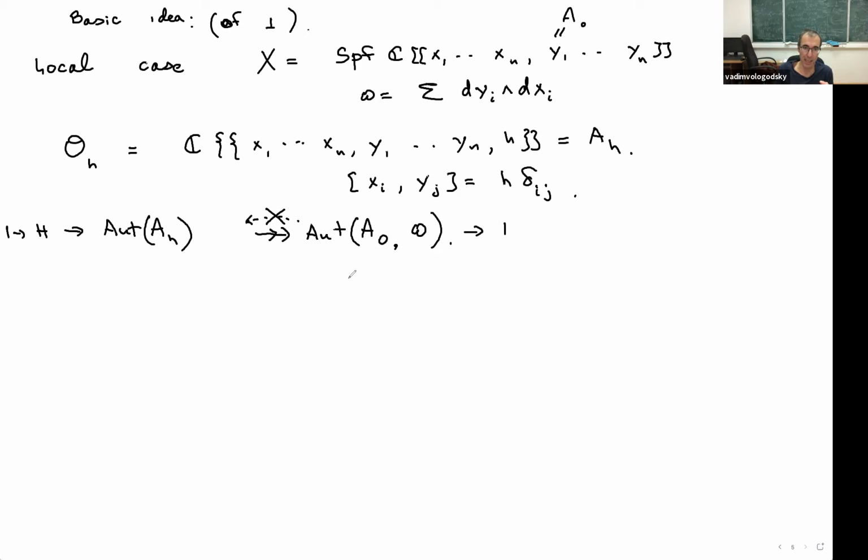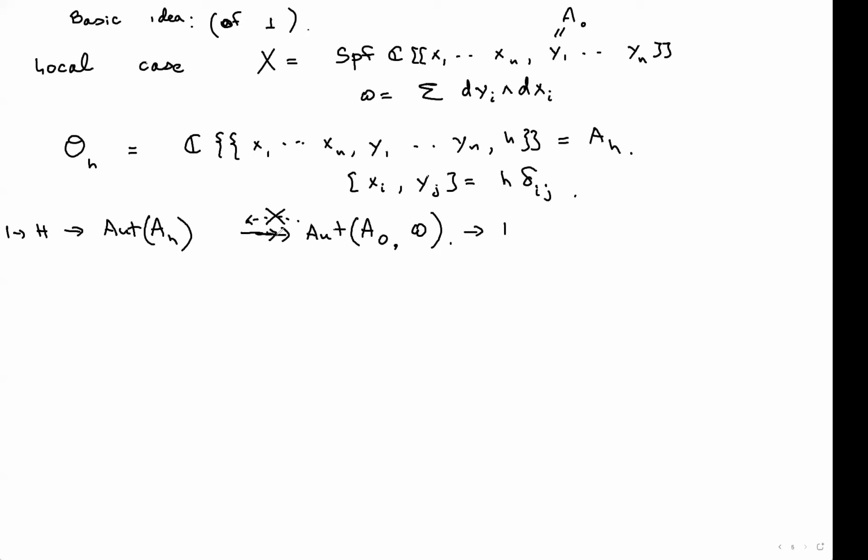This gives a large commutative group, and it turns out that you cannot lift this commutative subgroup to a commutative subgroup here. So you cannot lift them to automorphisms which actually commute here. That's, I think, the... let me see. No, sorry, I think what I'm saying is forget this.